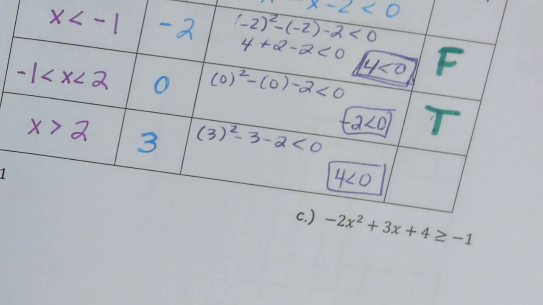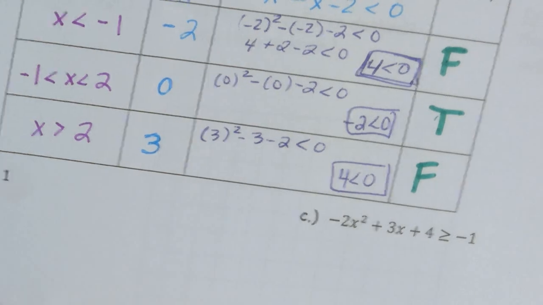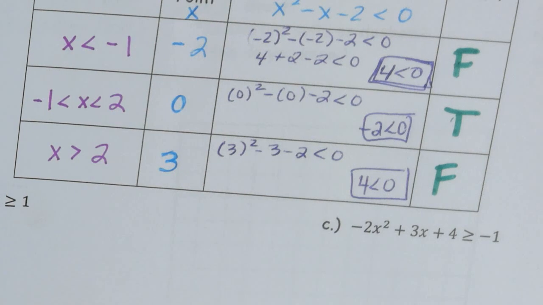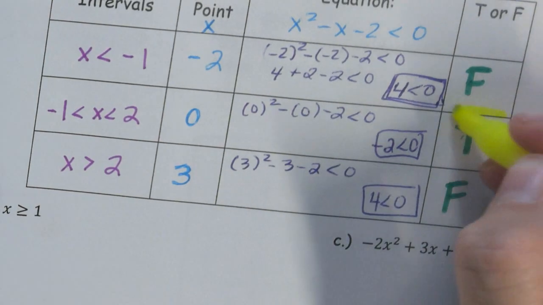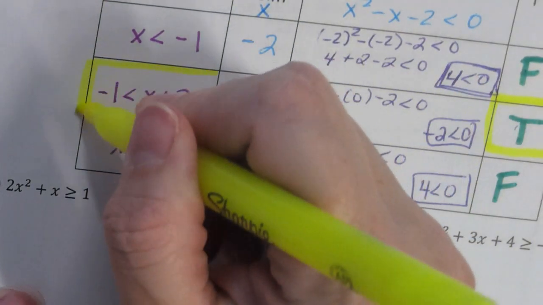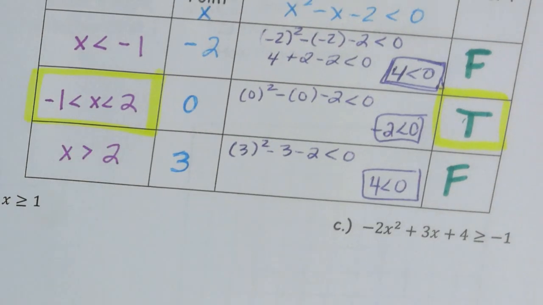Nice. Okay, now, once we have that filled out, do you guys remember what it says our solution is? Well, we're trying to find what makes the inequality what? We're trying to find what makes it true. So your solution, if you use your table, whatever interval gives you the true statement, that's going to be your solution.